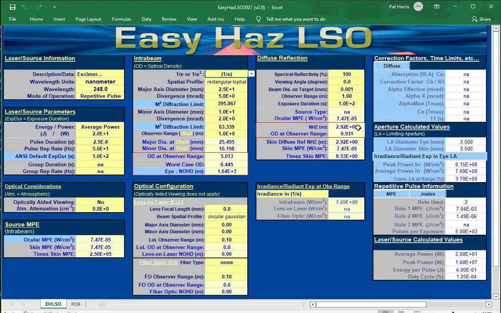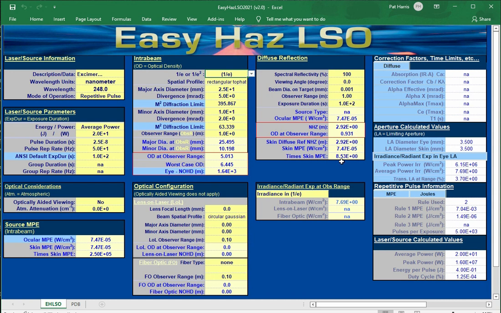The NHC, in this particular situation, is 2.92 meters, so it's got a large diffuse NHC. The OD at the observer, standing at 1 meter away, is about 0.9, or really, close enough to 1 OD to call it that. And of course, the skin NHC and MPE are the same as the ocular.